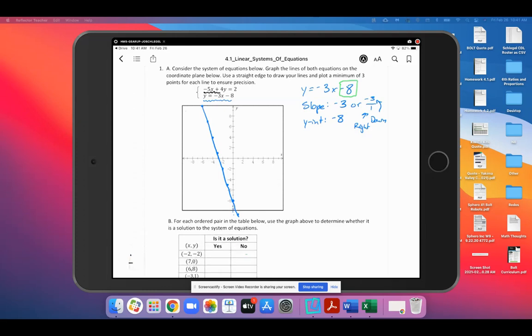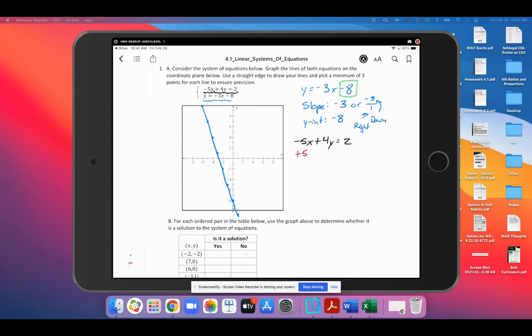We'll call this line the black line. What we've got is -5x plus 4y equals 2. I would prefer to set this up in slope-intercept form, so solving it for y to help me see a better picture of what's going on here.